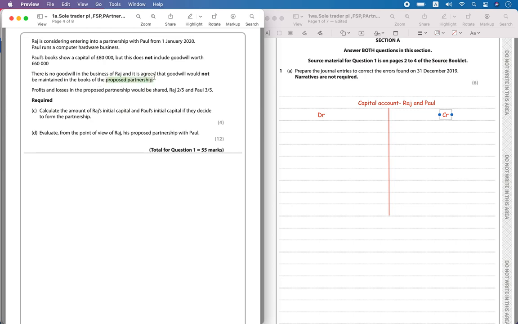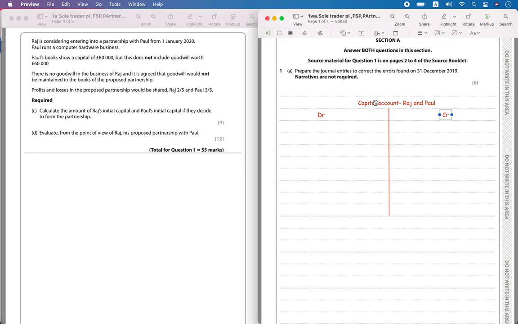So this is a partnership between Raj and Paul, and profit and losses in the proposed partnership would be shared in the ratio Raj 2/5 and Paul 3/5. Calculate the amount of Raj's initial capital and Paul's initial capital if they decided to form a partnership. So let's prepare a capital account for Raj and Paul.